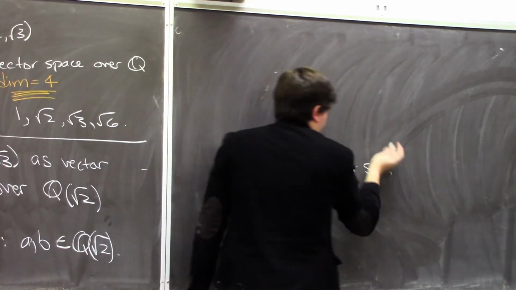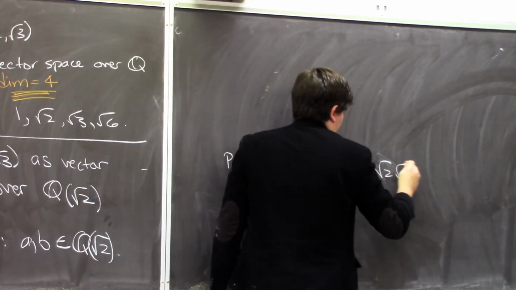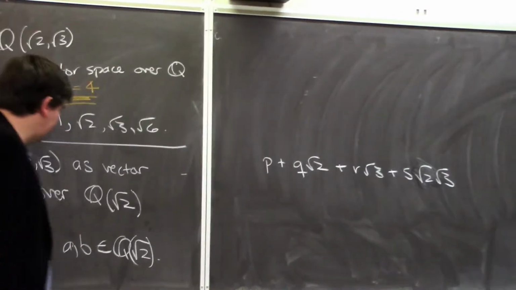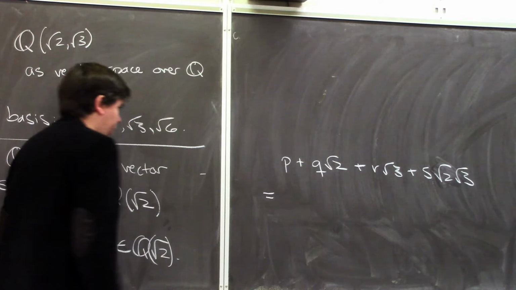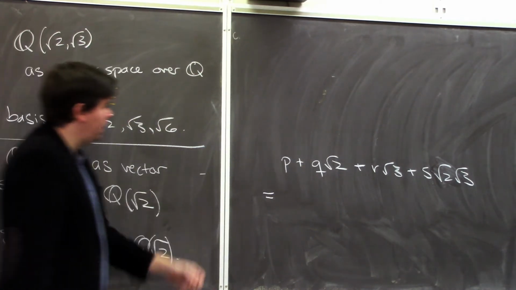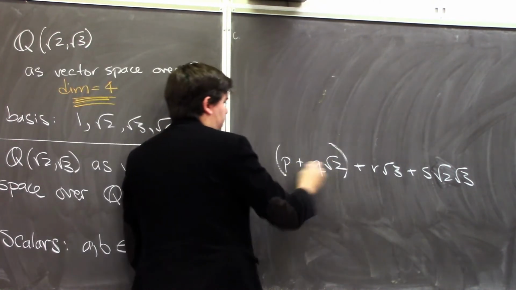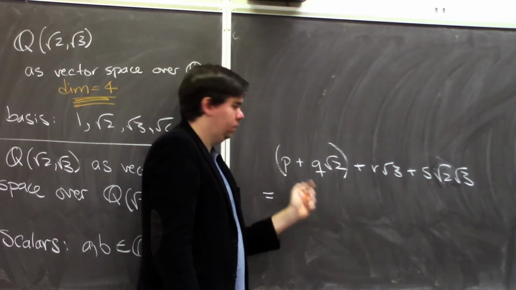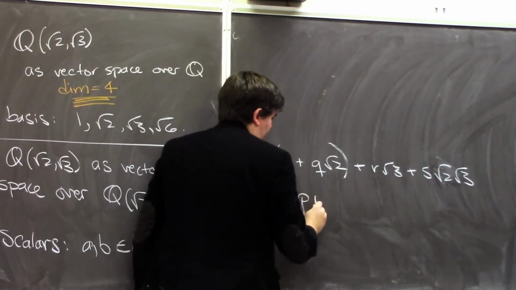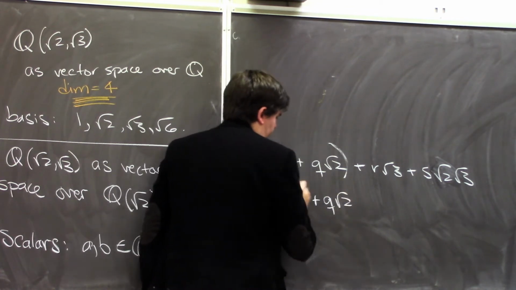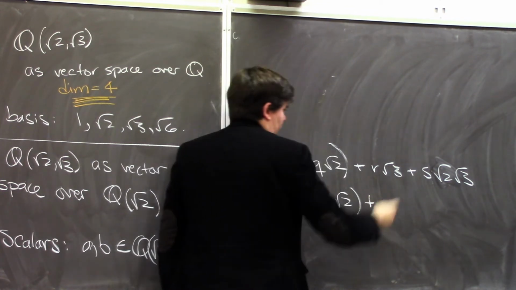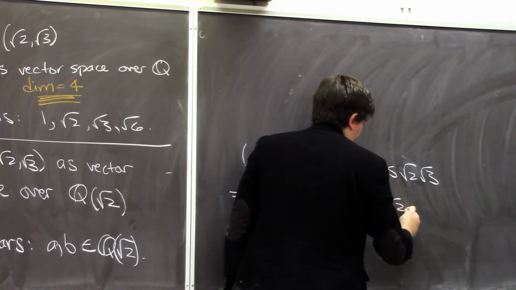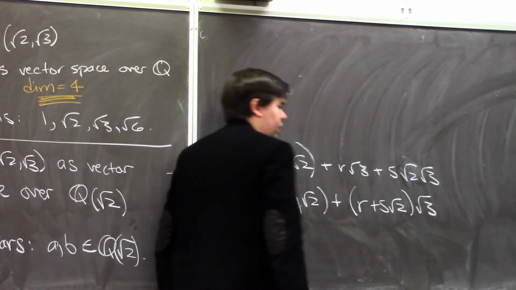But root 6 is really just root 2 times root 3. I'm going to reorganize that a little bit, because now I'm thinking about P plus Q root 2 all as a single scalar. So I can think of this as P plus Q root 2 plus, here on the right, I'm going to factor out a root 3: R plus S root 2, times root 3.